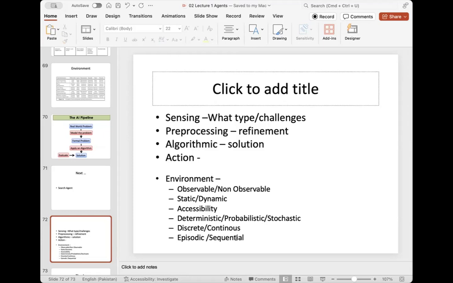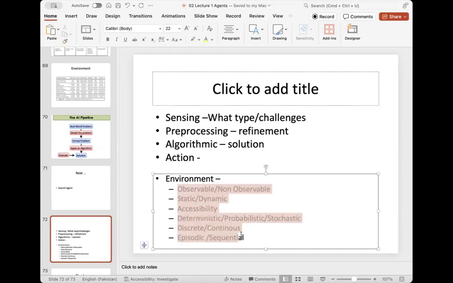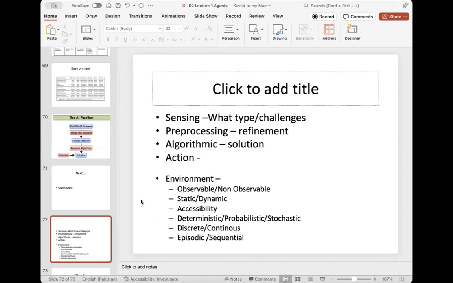In the slides, I've given a complete analysis of the Rhino example with respect to all these different types of environments. You should go through the slides and see whether those slides are making sense or not. We have talked about static and dynamic environment, accessibility and inaccessibility, deterministic and stochastic. Rhino is deterministic as well as stochastic.